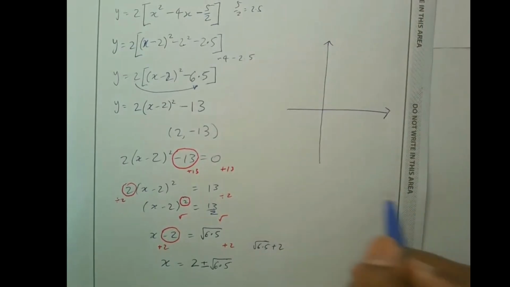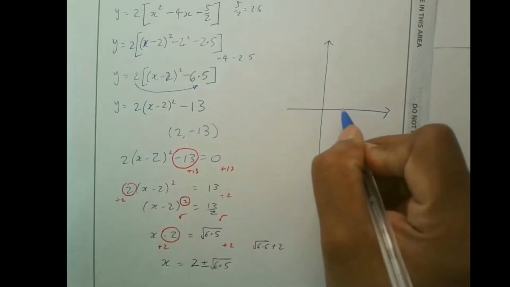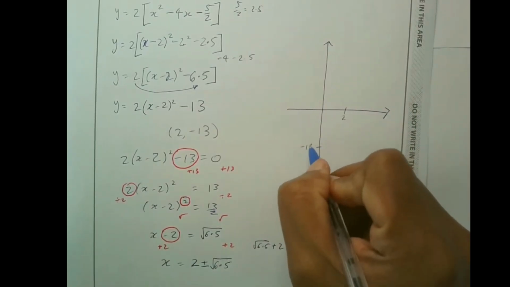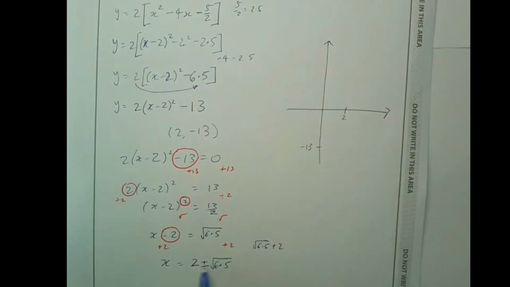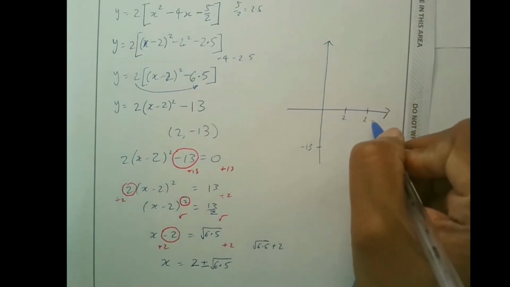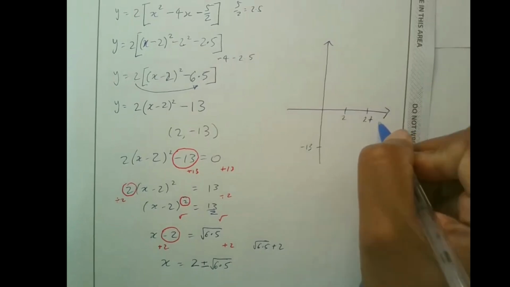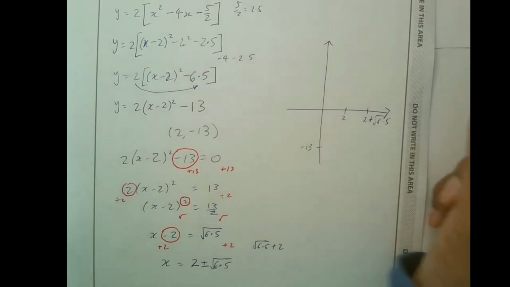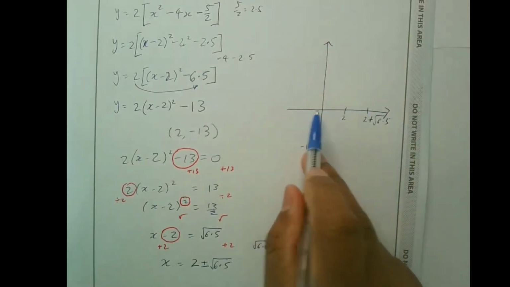So I am going to have from before 2 and 13 minus 13. Now the thing here is how far to the left am I going to go? So I'm going to have 2 plus root 6.5. Is this going to be on the negative or not?